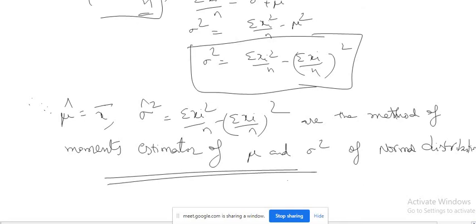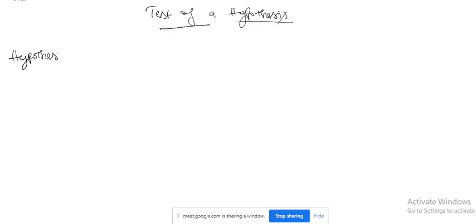Now next we move to the next concept, that is test of hypothesis. First of all, we'll see what a hypothesis is.